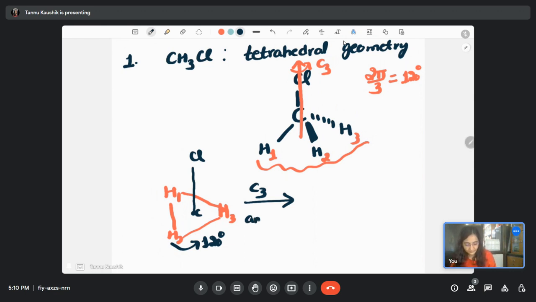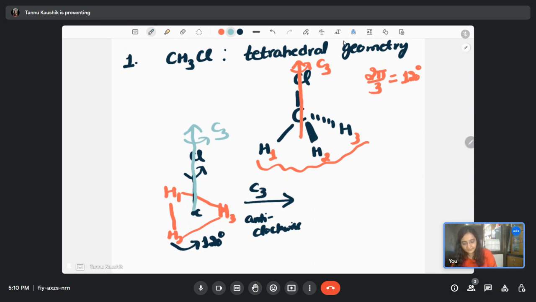So we are doing it anti-clockwise here, and we are rotating this molecule with respect to this C3 axis.